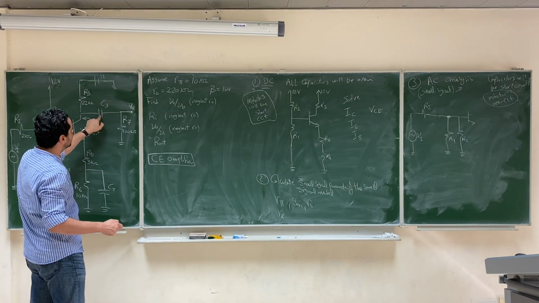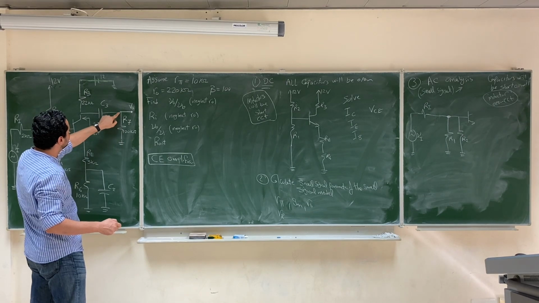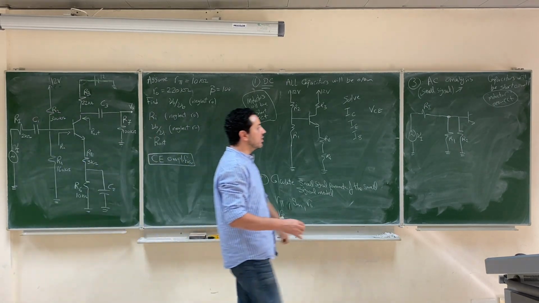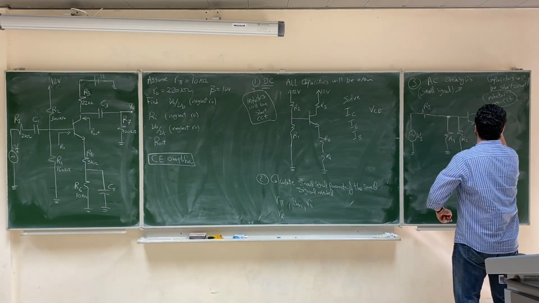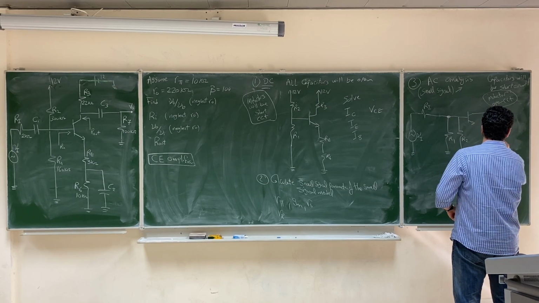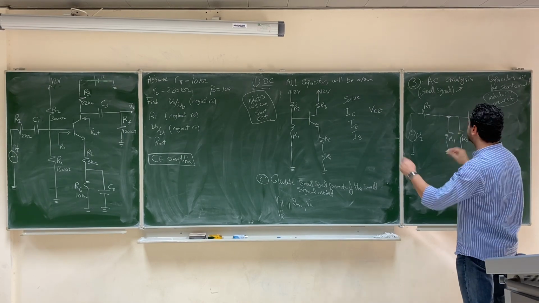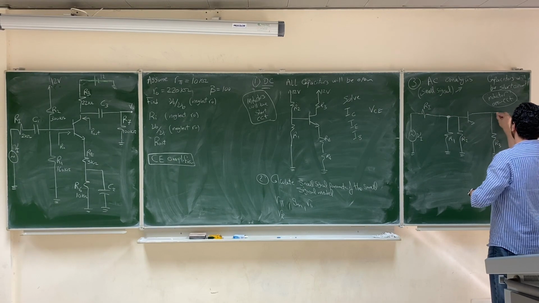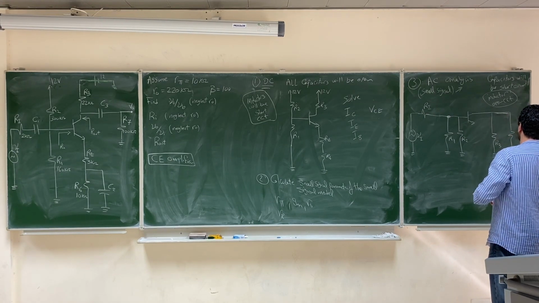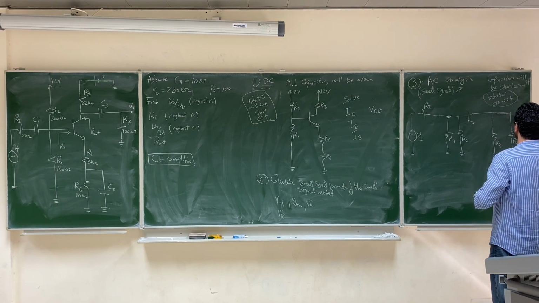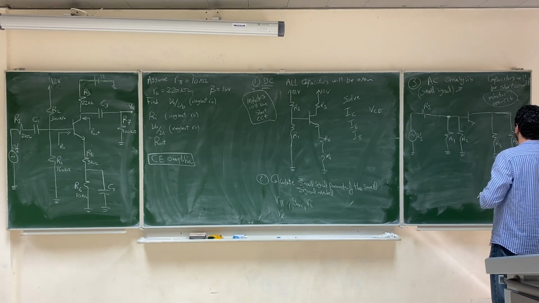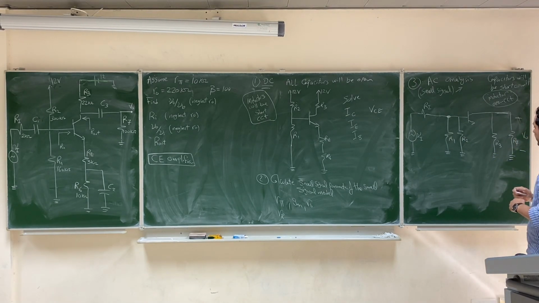This will be a short circuit. And then R7 between this point and the ground. So the collector will be connected by R3 to the ground, and then the capacitor is short circuit, and then R7 to the ground, and this R7 is the one that we measure our V output from.